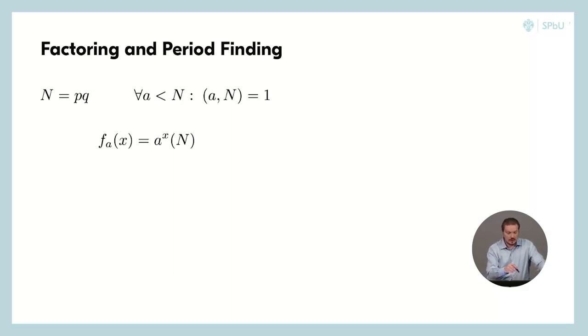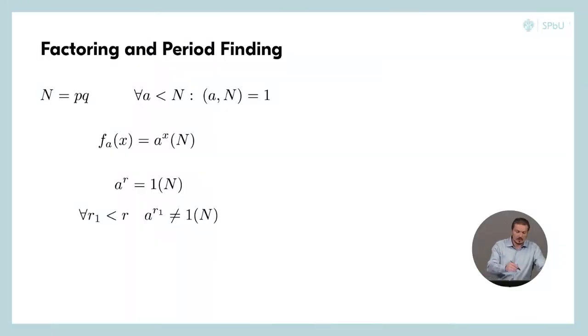And all such numbers less than n and coprime to it form a finite group under modulo n. So there exists such a smallest number r, so that if we raise a to the power r, we get 1 modulo n. And r is the smallest such integer.